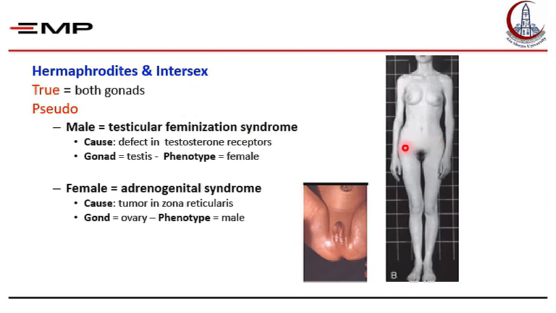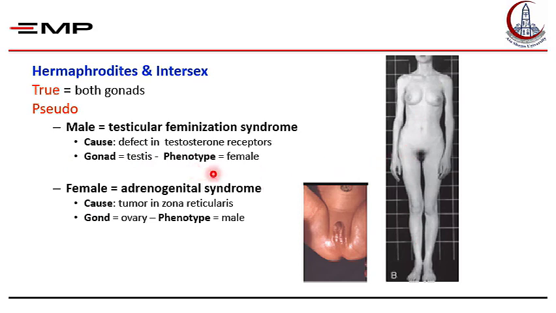It produces testosterone, but the receptors for testosterone are absent, deficient, or defective in the body. There is no effect of the testosterone, so the external appearance is typical of a female. There is a testis, but it's hidden inside the body.